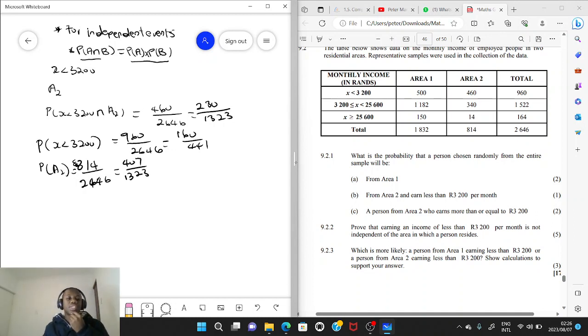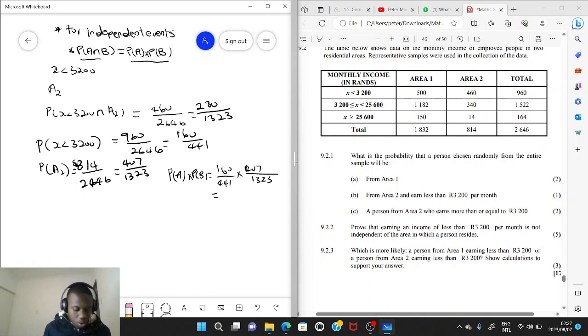So I'm done with the left hand side, like I said. Now I have to determine the right hand side. So I have to multiply these two probabilities, right? I will say the probability of A multiplied by the probability of B is equivalent to 160 all over 441 multiplied by 407 all over 1323.